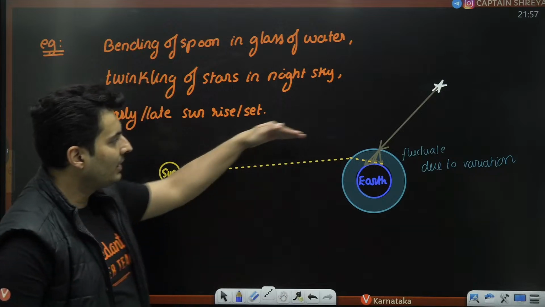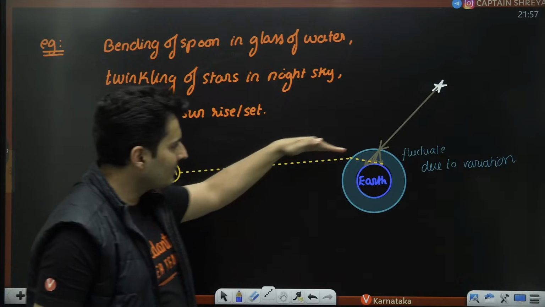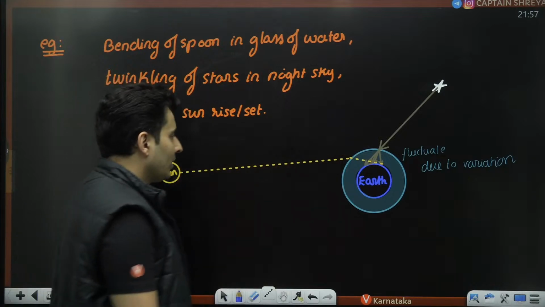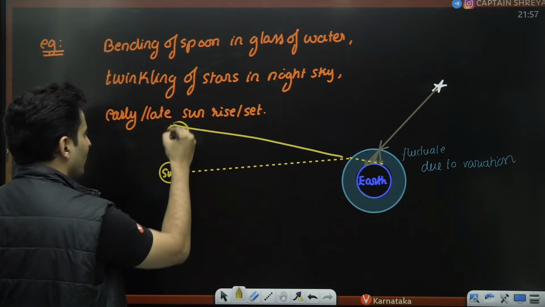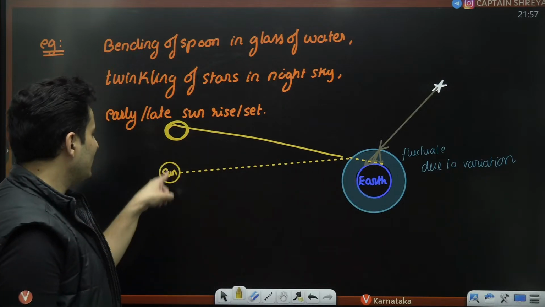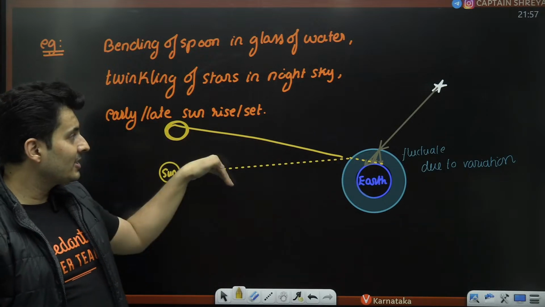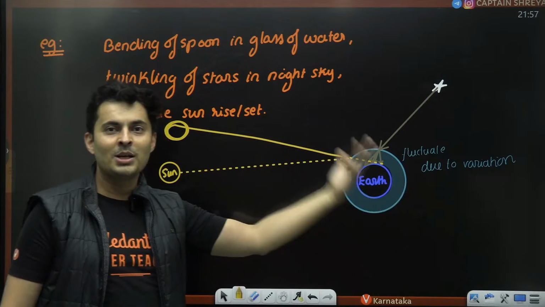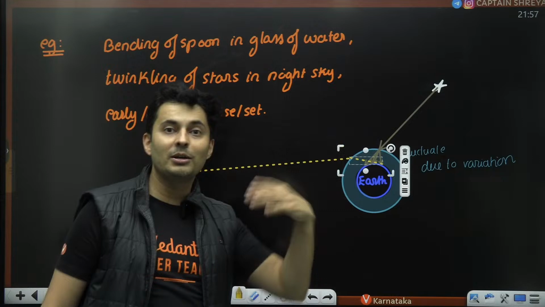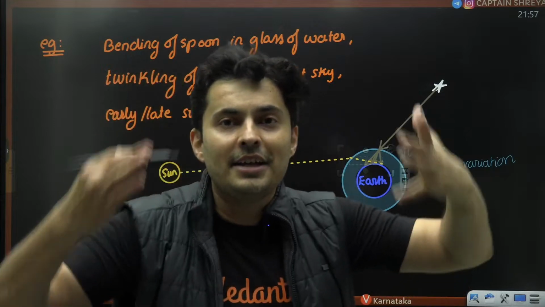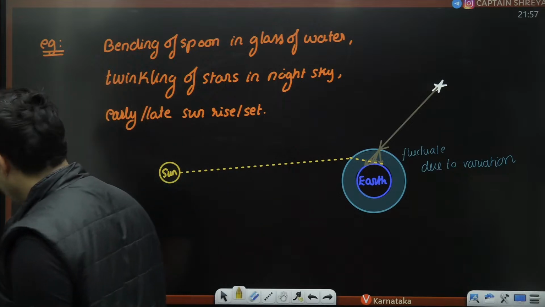They will get bent towards the normal, because vacuum and air, a small difference is there, a small deviation will occur. So the person will feel that the sun is over here. The actual sun is here, but he will feel that it is over here. So you are seeing the sun even after some time because of the refraction phenomena, or maybe during sunrise you are seeing it before. So this is again due to refraction. Is this absolutely clear? Amazing, right?